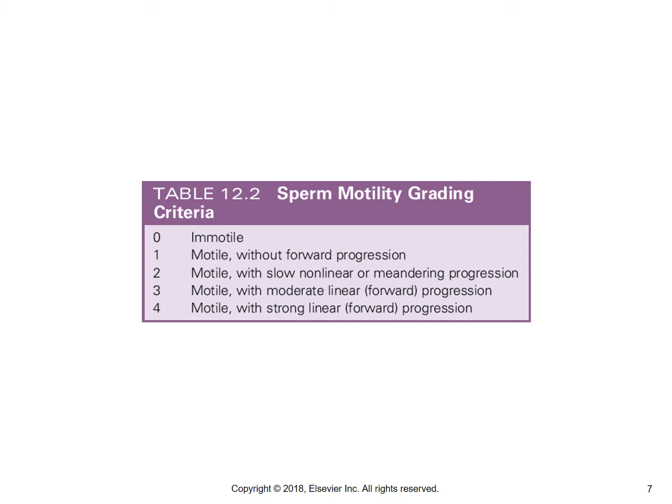And here you can see how lab scientists evaluate based on a grading scale from 0 to 4, where 0 is immotile, 1 plus is motile with no forward progression, 2 plus is motile with slow linear or meandering, not going forward and straight, but sideways progression, 3 plus is motile with a moderate linear or forward progression, and ultimately we want to see a 4 plus, motile with strong linear forward progression.